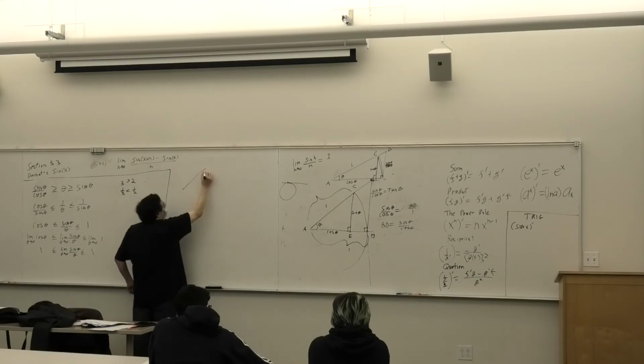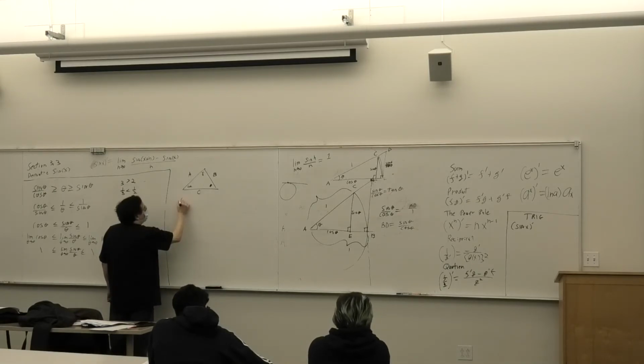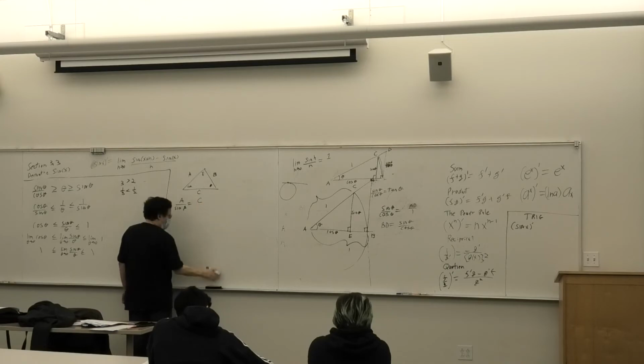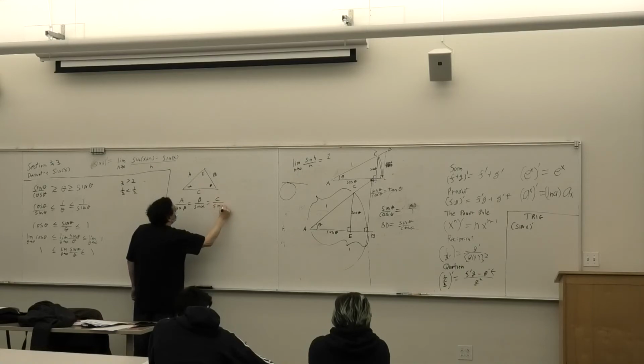The law of sines says if you have a triangle, alpha, beta, gamma, that the ratio of, say, A to the sine of theta is equal to the ratio of, I guess I should say B. I guess I used the wrong Greek letters, but B to the sine of alpha is C to the sine of gamma.